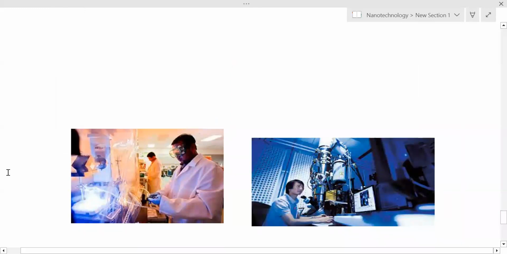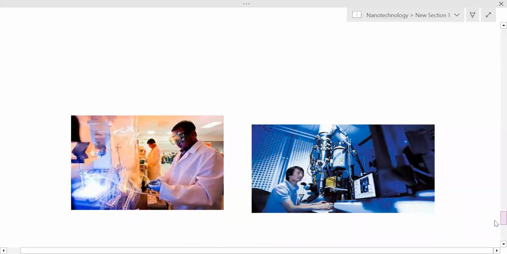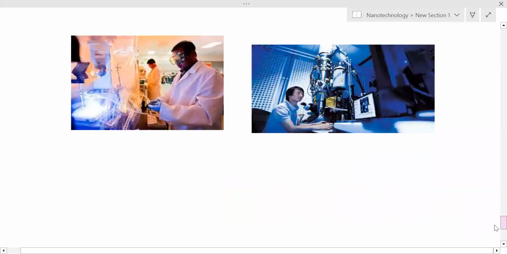Nanotechnology is growing rapidly. The research and development is enhancing day by day, and it is growing rapidly. So, in the future, it is going to be one of the most premier sciences and technologies for advancement.